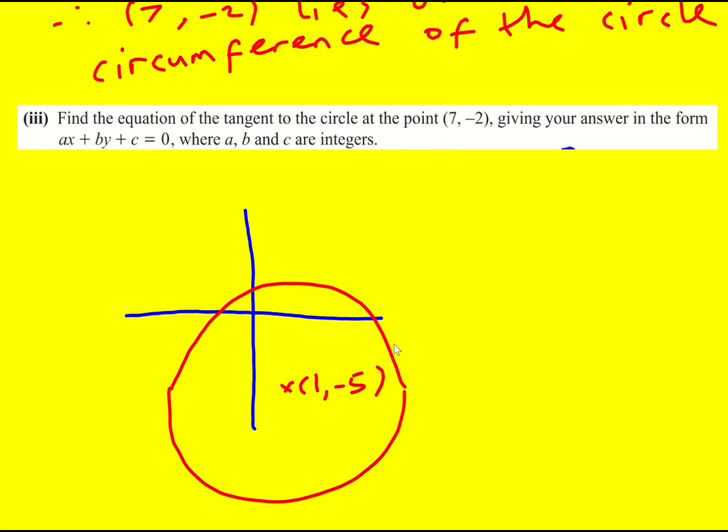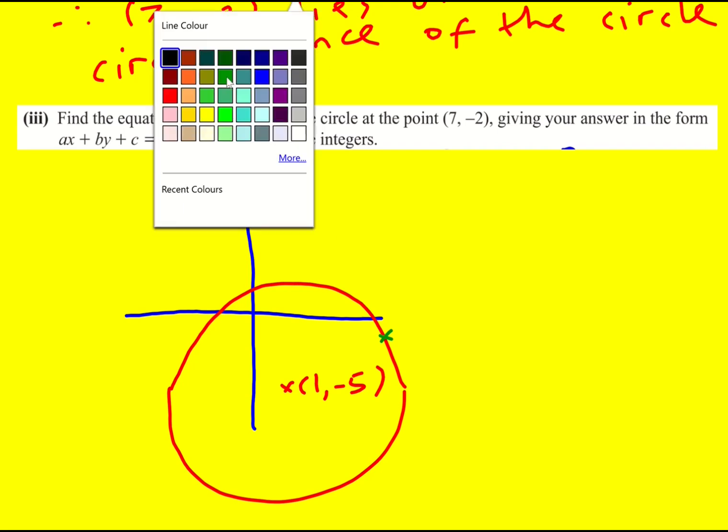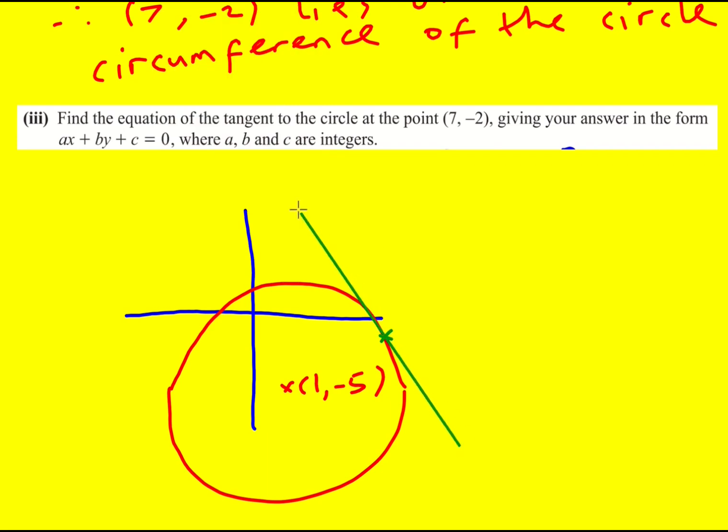Then I've got (7, −2). So that might be, say, here. And the tangent is then going to look a bit like that. Okay, so immediately we see it has a negative gradient. It just helps us if we kind of get a sketch down.